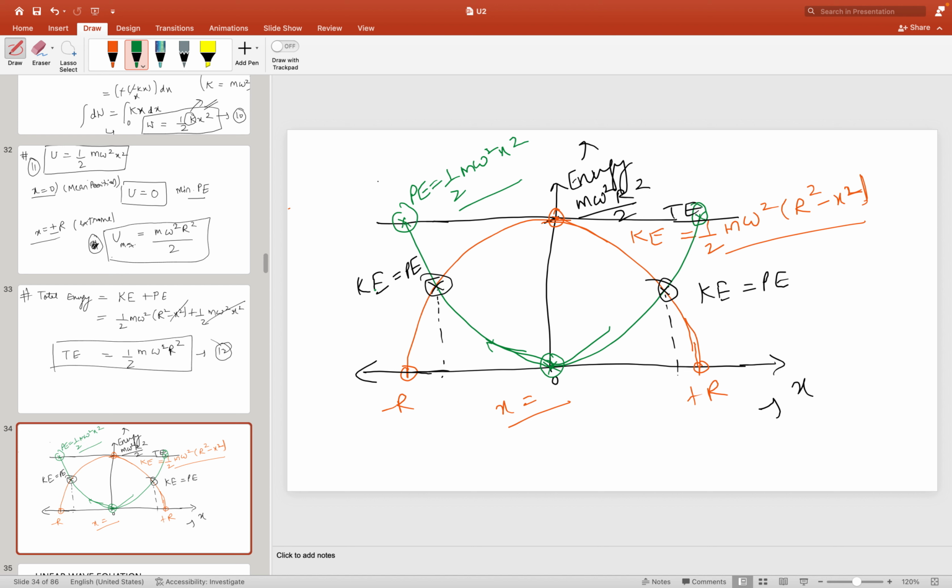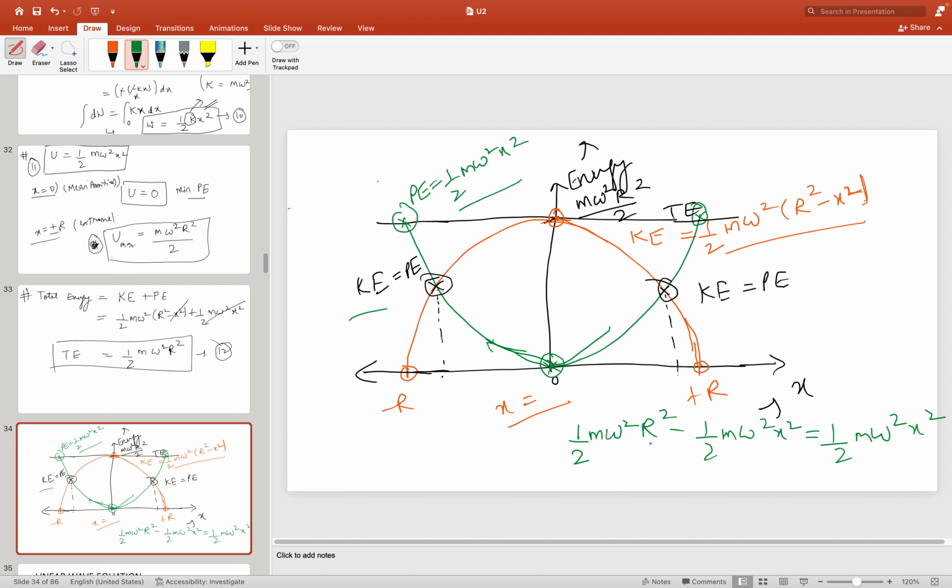I will just equate the kinetic energy with potential energy to get the values. So I can do half m omega square r square minus half m omega square x square is equal to half m omega square x square.